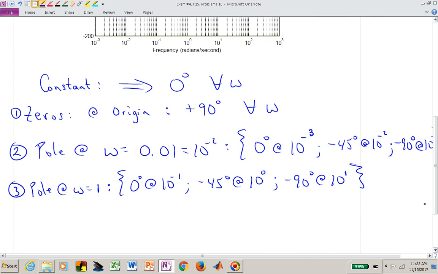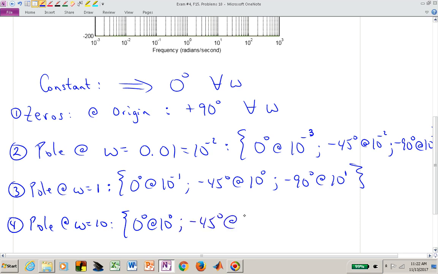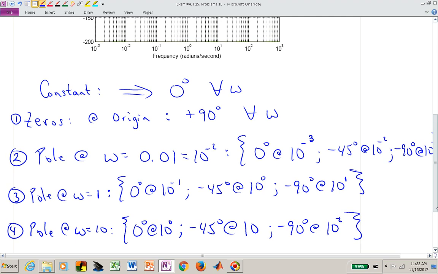My next one is another pole at 10, and so a decade before 10, or at 1, I'm at 0. At the break, I'm at minus 45, which is at 10, and then I'm at minus 90 degrees at 100. And let me sketch that.